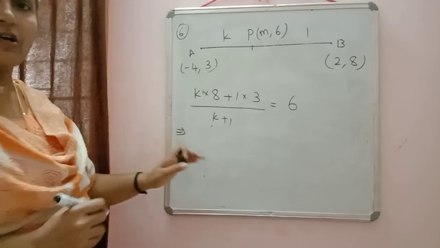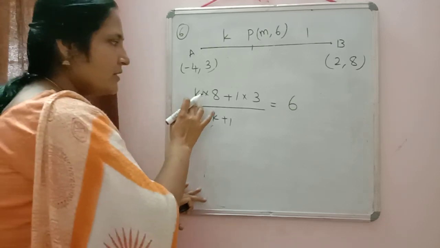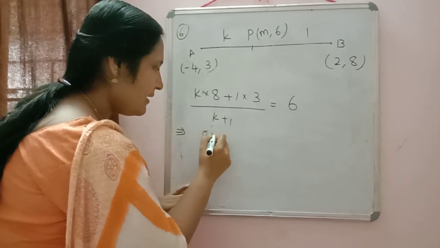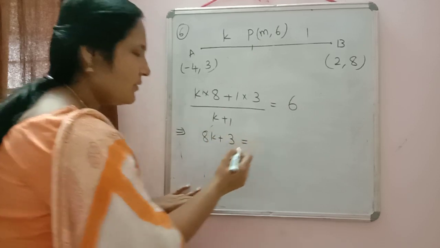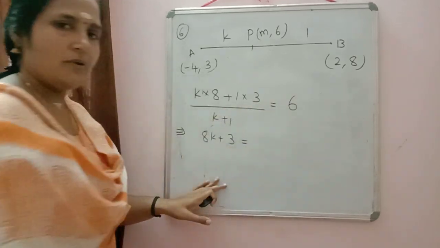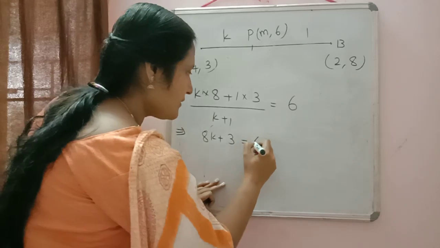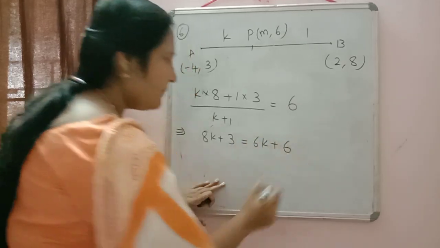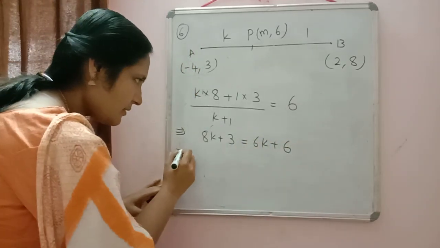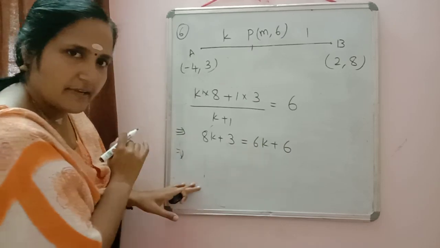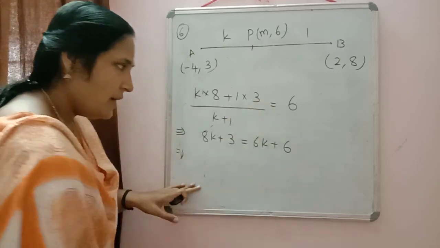Now we will find out what will be the value of K. So it will be equal to 8K plus 3 is equal to, shifting K plus 1 to the right hand side, 6K plus 6. Now again, 6K I am shifting to the left hand side and 3 to the right hand side.